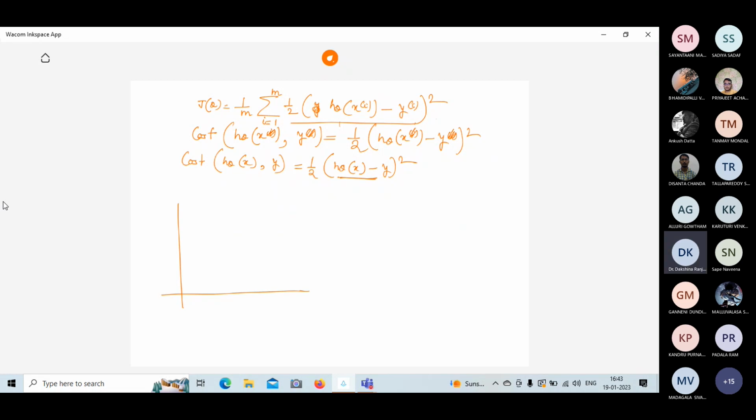Okay, so this is our j theta. How does this curve look like? This curve looks like a non-convex curve. Okay, and in this non-convex curve, we can see there are many local minima.